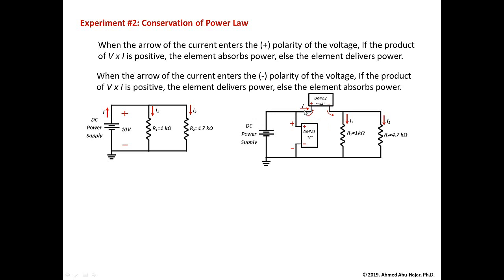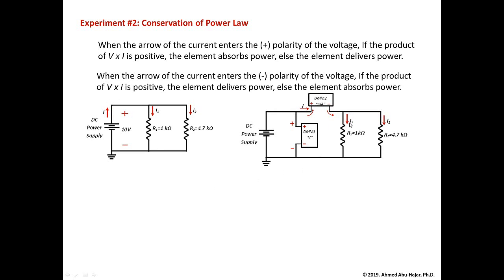Now you need to keep in mind that the current will enter the plus polarity of the ammeter. This way you get the right reading. If you did it the other way, you're going to read a negative value. So you want to make sure that the current enters the plus polarity of the DMM. And this will give you the total current. It's basically the current of the power supply.